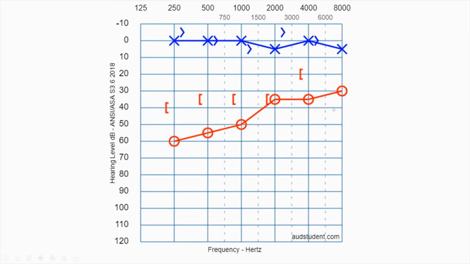So let's take it in steps. Over here in our lower frequencies, it's going to be moderately severe. But in our high frequencies, it's going to be mild. So what is it? Let's fall back to our pure tone average. Through adding up our 250, 500, and 1000 right ear air conduction thresholds, and then dividing it by 3, we get a PTA of 55, which is in the moderate range.